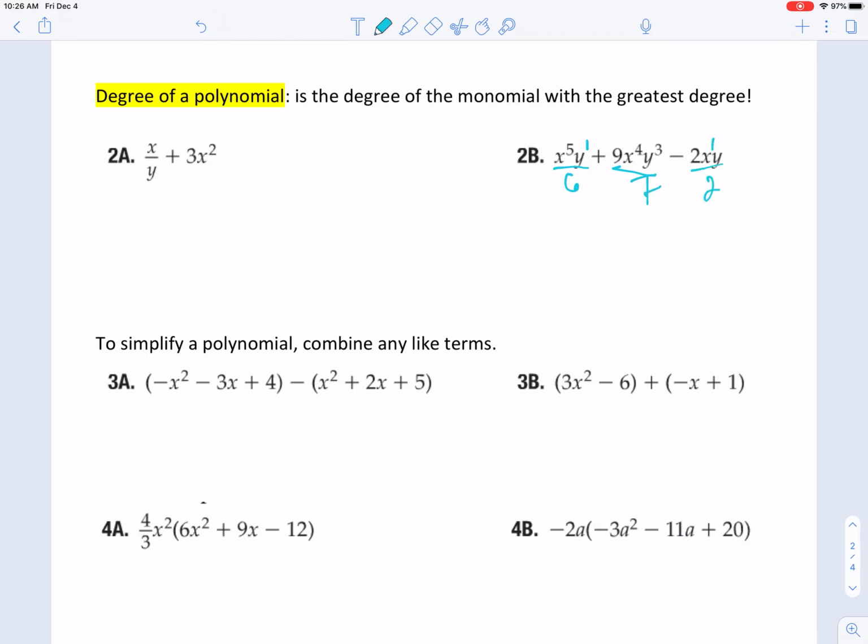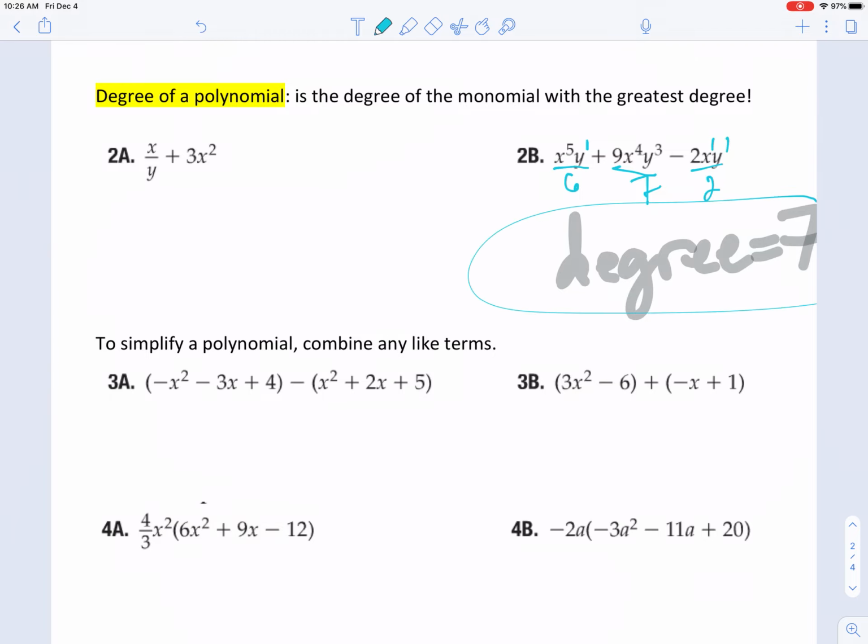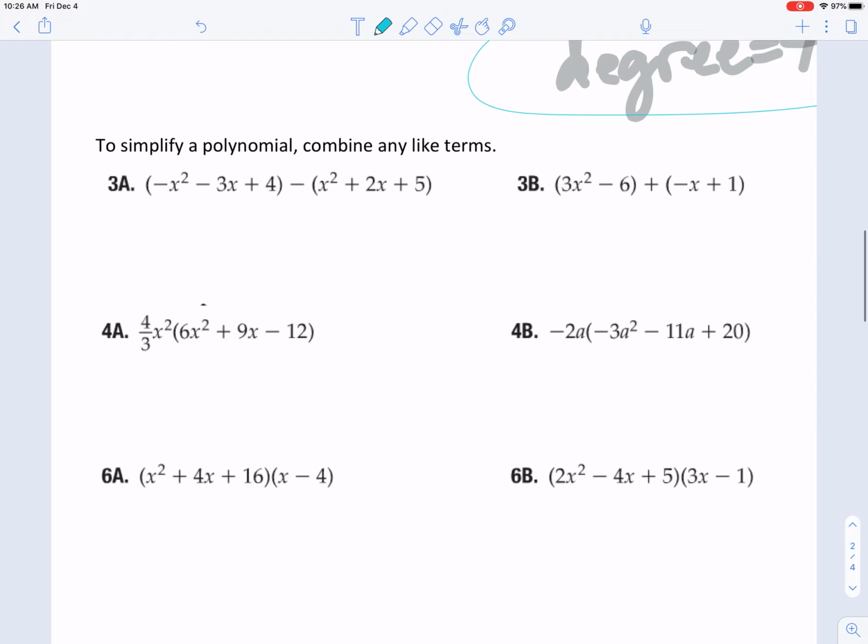How'd I get 2? 1 there, 1 there. So if the degree is the monomial with the greatest degree, the biggest number that I saw over here was this 7. So that means the degree is 7. Kind of did that funky, but there you go.